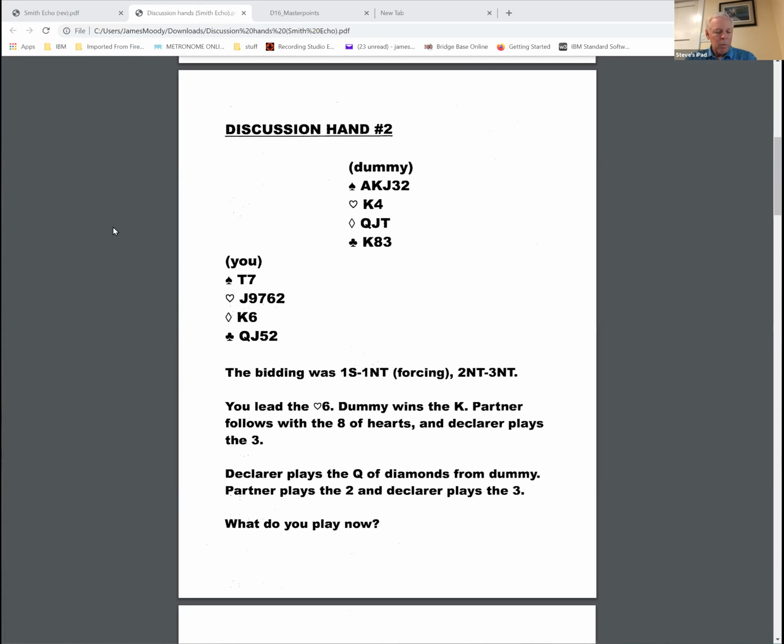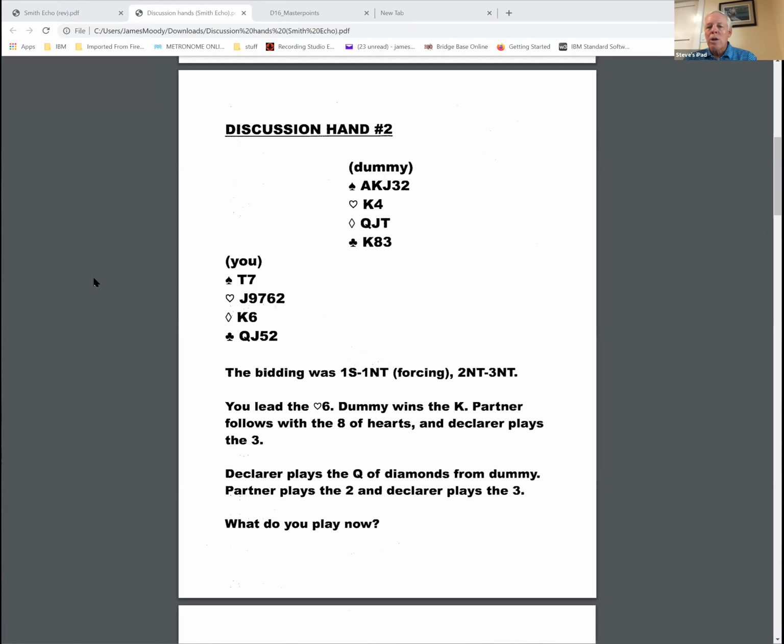She played the 2. And you know that that's low. So partner doesn't like hearts. That's the bit of information you've gained by way of Smith Echo. So what do you play now? For my money, if my partner said, I don't like hearts, I'd be looking somewhere else.